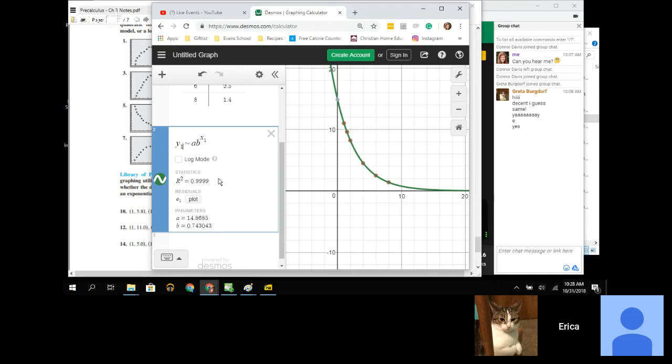And then the last thing it asks for is the coefficient of determination. So the coefficient of determination is actually this r squared value. I don't know if you remember back from algebra 2, but the better your r or r squared value is, the closer to 1 it is, the better your regression is. So this is pretty much a perfect regression, right? The only thing better would be 1 if we could model it perfectly, but this is pretty much a perfect regression.